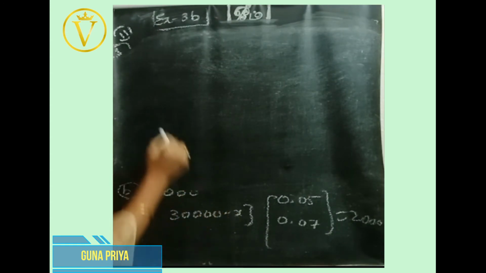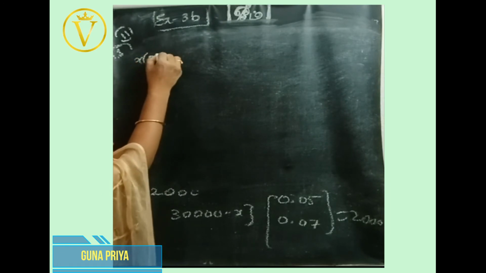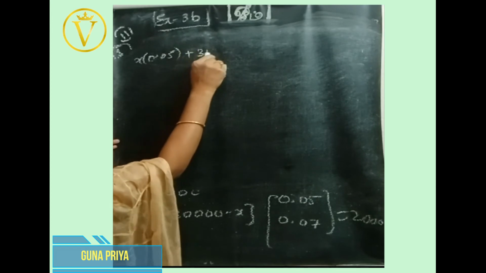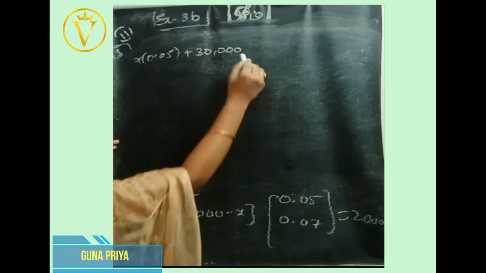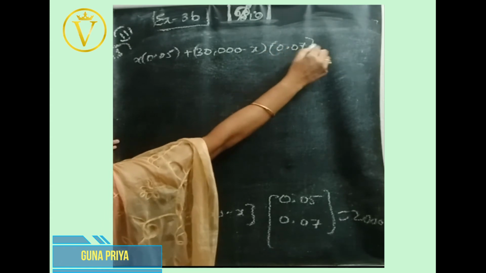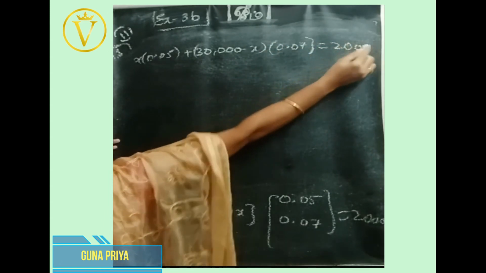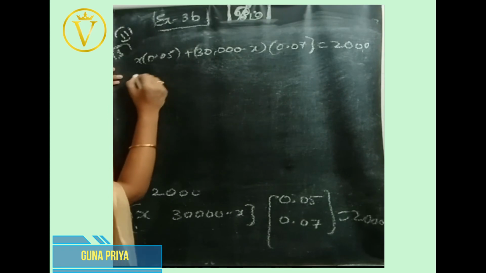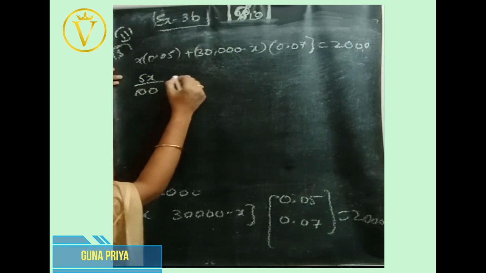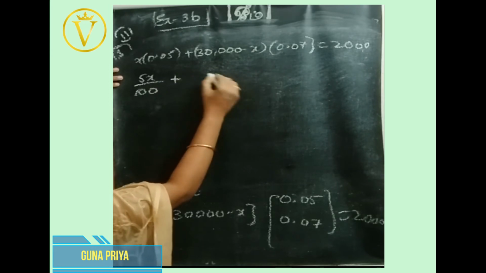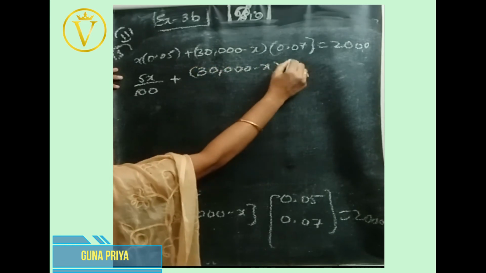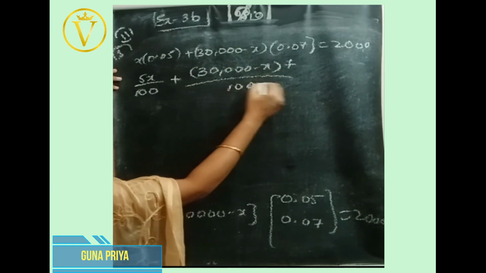Multiply x into 0.05 plus 30,000 minus x into 0.07 equals 2,000. Next, I am writing here 5x by 100 plus 30,000 minus x into 7 by 100.